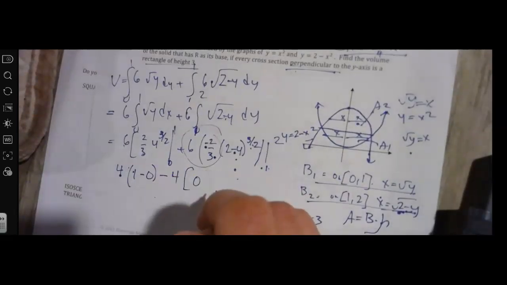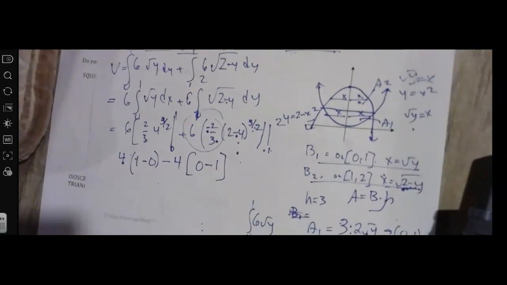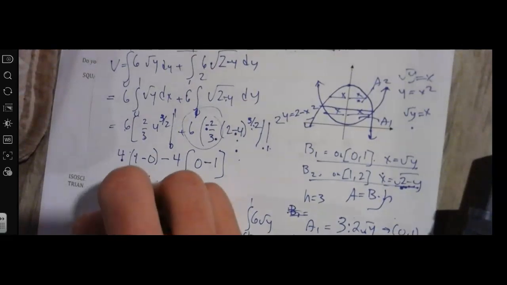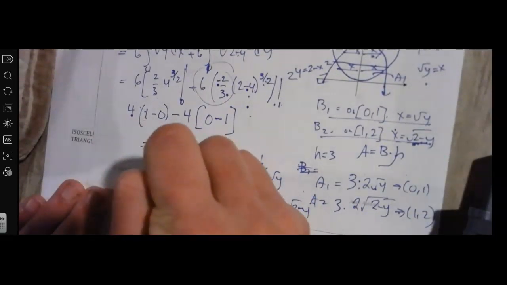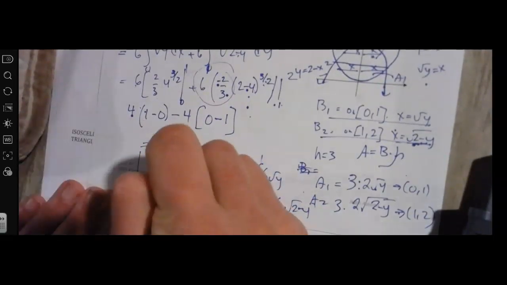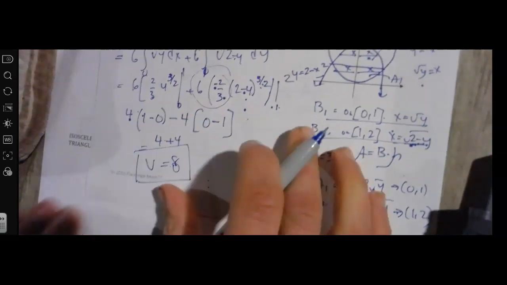Okay. Times, now you evaluate from 1 to 2, and it's going to be 0 minus 1. So you're going to be left with 4 plus 4. So our volume is going to equal 8. There you go.